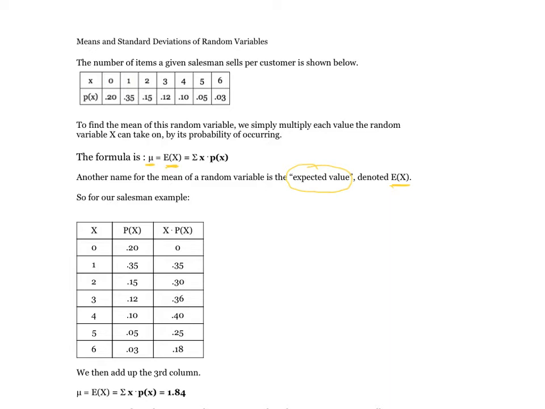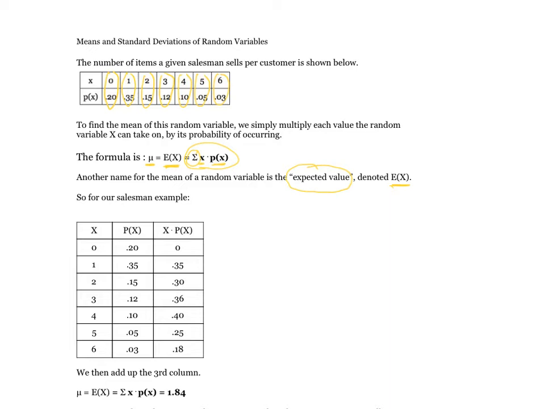We basically take every value of x and multiply it by its probability, and then once we have all those products, we add them together, and that will give us the mean or the expected value. So basically we're going to be multiplying these pairs together, which I'm circling in the table, and then we'll add up those products.